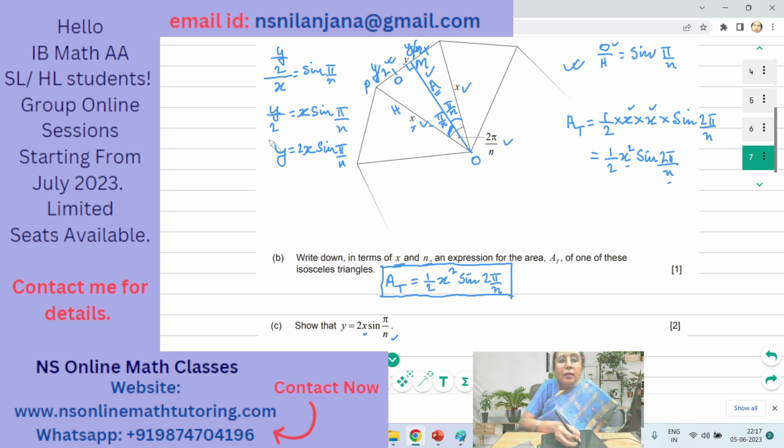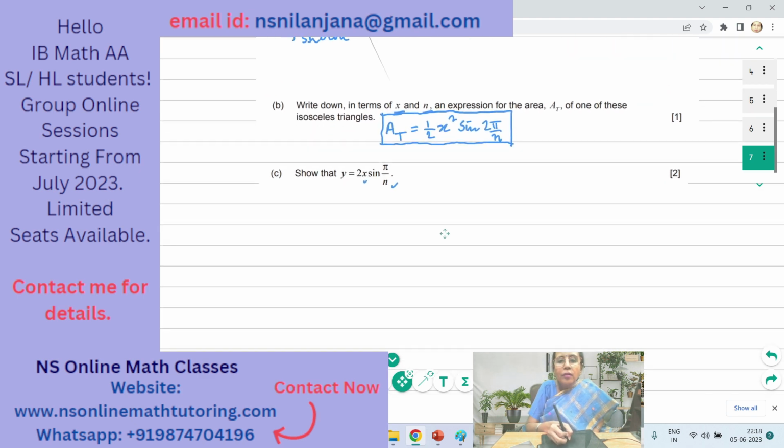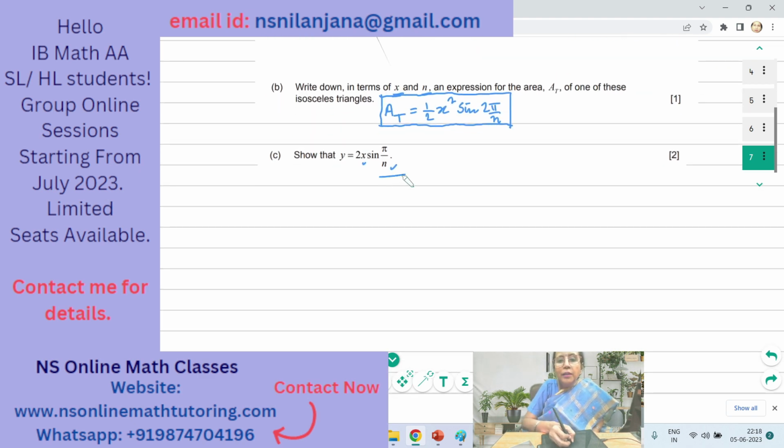So this is the working of subpart C, shown above. Okay. Moving on to the next subpart.